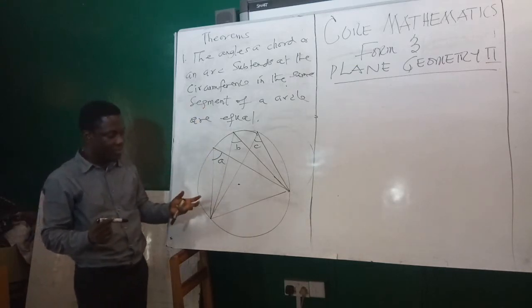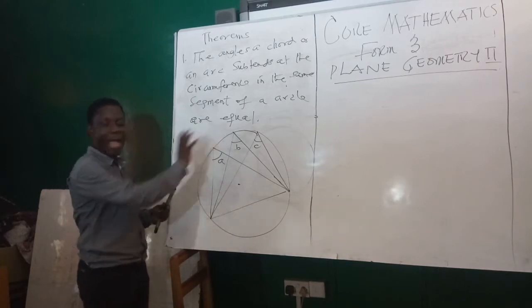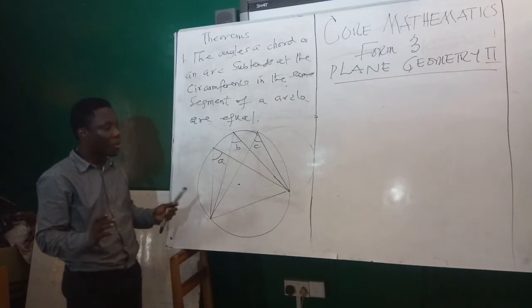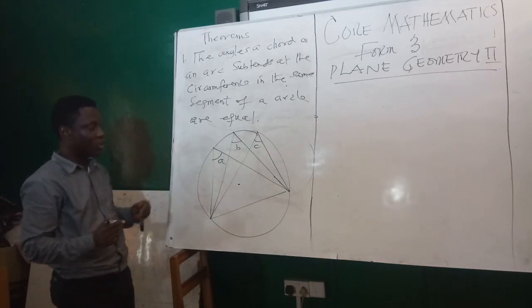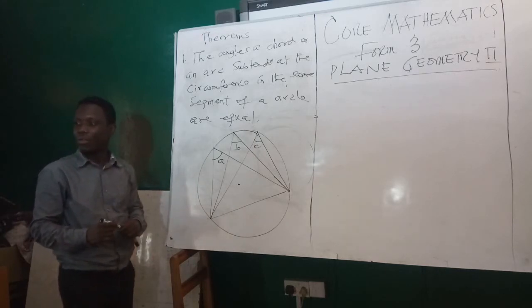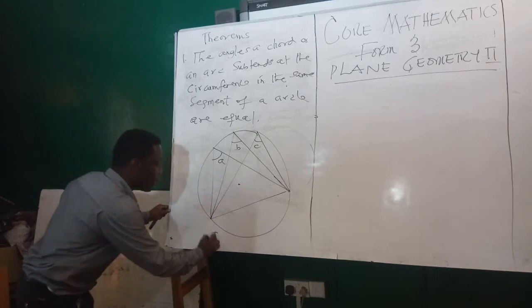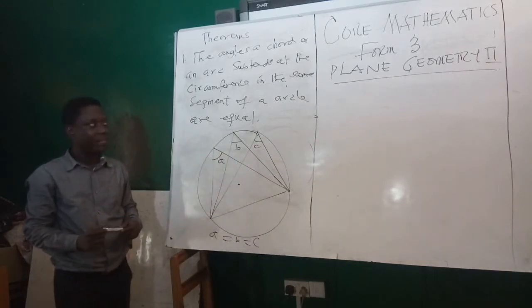You can see that there is one segment here and another segment here, but all the angles are formed in that same segment. The theorem simply says that if you have any such situation, then all those angles should be equal. So from that diagram, A is equal to B is equal to C. All these angles must be equal.